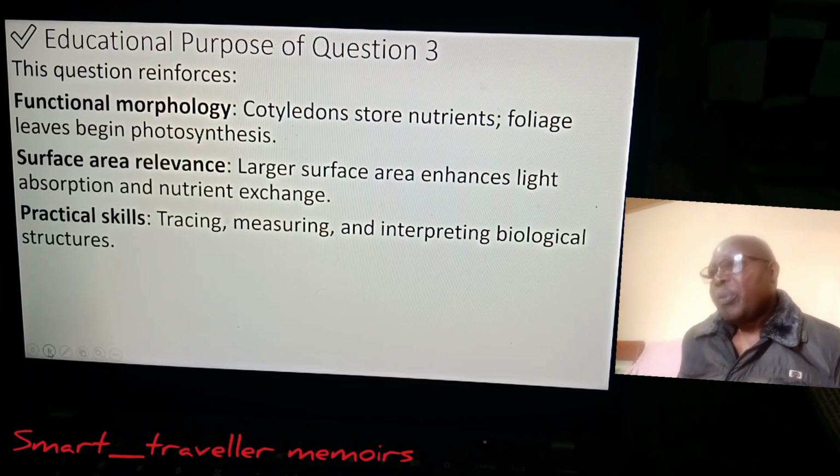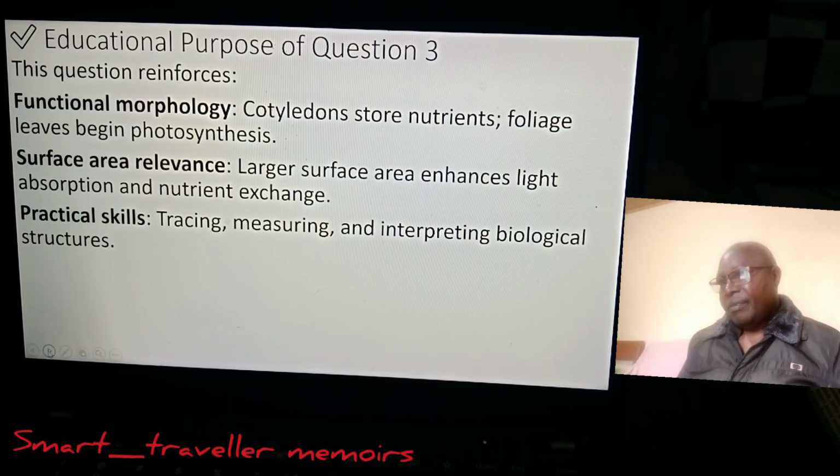What is the educational purpose of question 3? The question reinforces functional morphology. By the way, guys, morphology is external appearance. Cotyledons store nutrients. Foliage leaves begin photosynthesis.